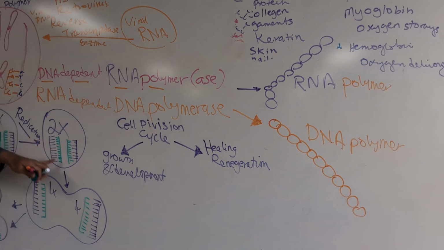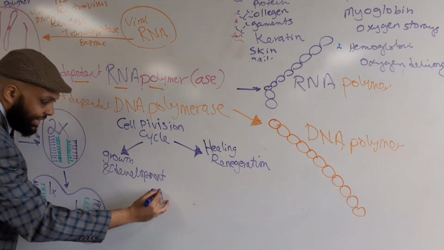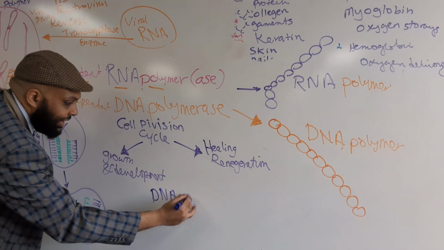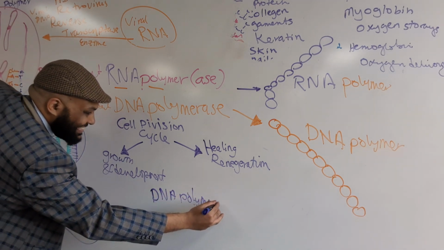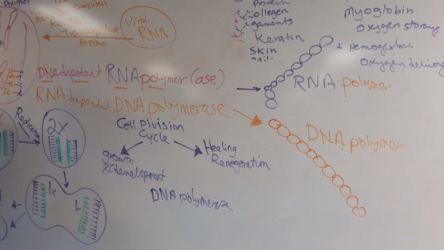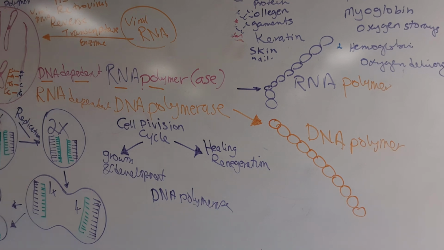So when I double my DNA, what happens? I get double. So we use DNA polymerase for the green. Who did I depend on to make a DNA polymerase? The purple. What's that? Was that DNA or RNA?